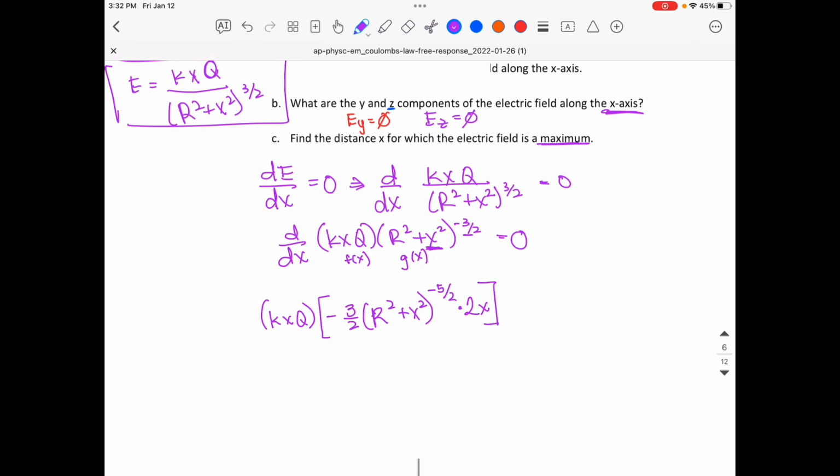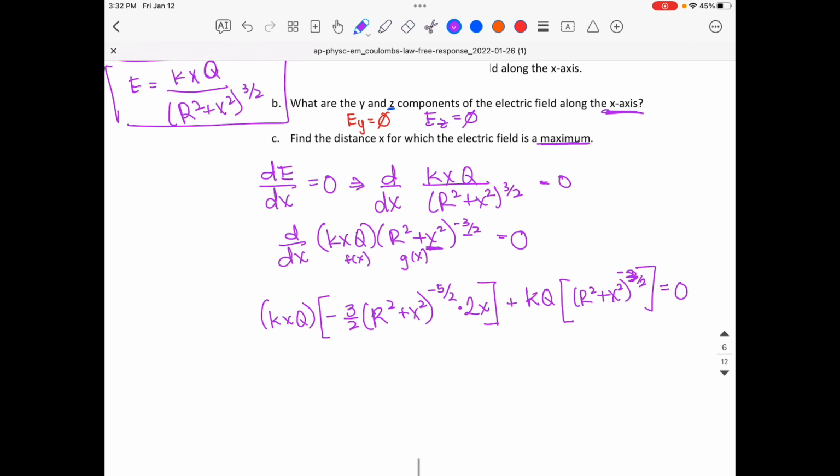So this is my derivative of g. And then I have to add it to the derivative of the first function, f of x, which in this case, the derivative of the first function with respect to x is just our constant k times q. And then the second function as is, which is r squared plus x squared to the negative 3/2. And this whole thing is equal to 0. I don't like that. My parentheses here is not a bracket, so let me redo that.